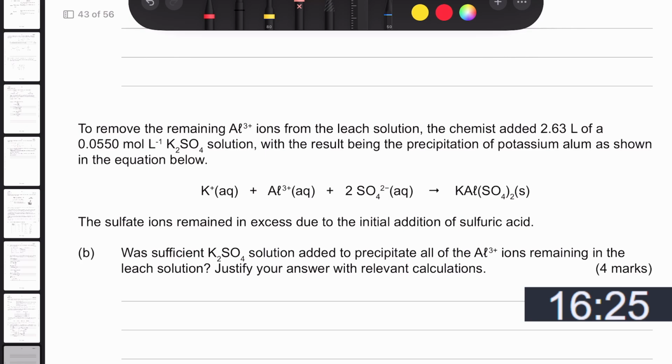The result is the precipitation of potassium alum, as shown in the equation below. The sulfate ions, okay, were sufficiently in excess to precipitate all in the leach solution, justified as irrelevant.